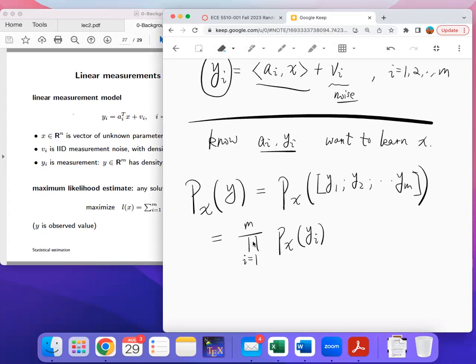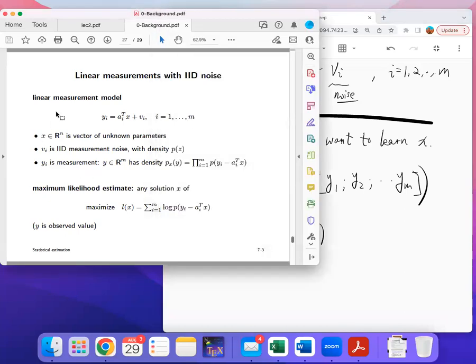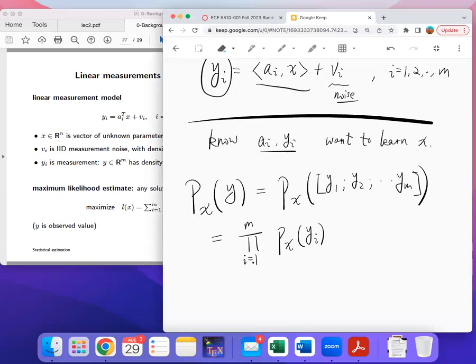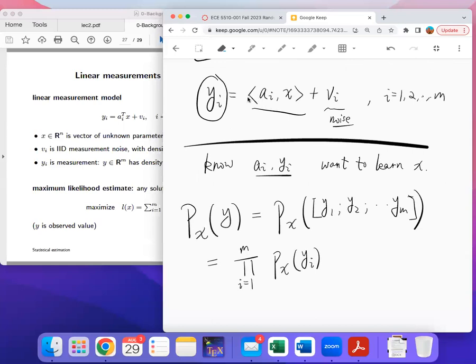Of course, here you have to assume the noise are independent, so that you can do this decomposition. In practice, if for some reason the noise is not independent, then you will have to consider their dependence. That will make things more complicated. But this is usually what we assume and it holds for many applications, right? By independence, we can do that. Okay, now what is yi? yi is this.